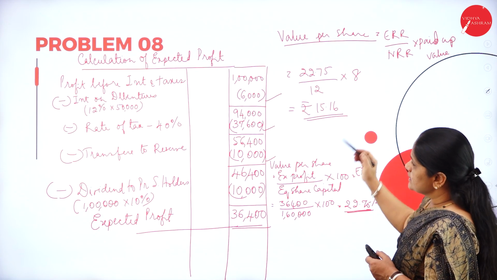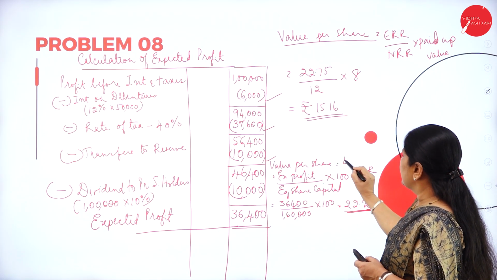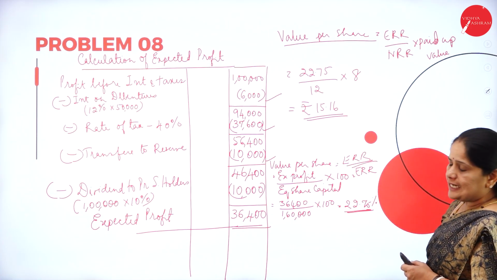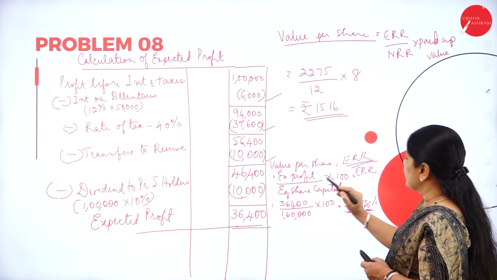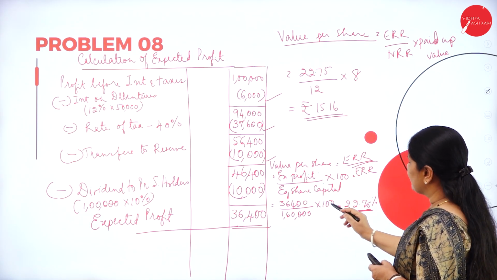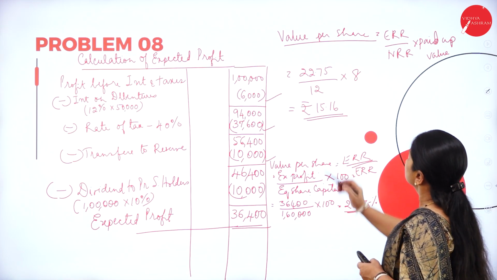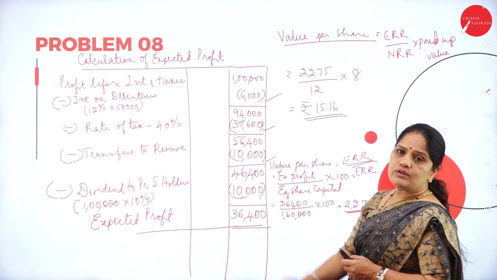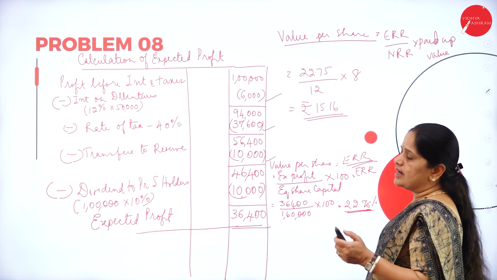First thing is we have to calculate the expected profit, then we have to calculate the ERR. ERR is the expected rate of return. What is the formula for that? Expected profit by equity share capital into 100. So, 36,400 divided by 1,60,000 into 100, we get 22.75. So, 22.75 by 12 into 8, I get the value per share as 15 rupees 16 paisa. So, this is the answer.